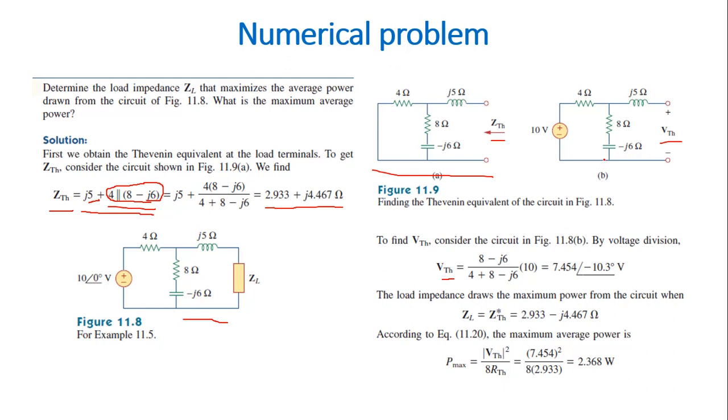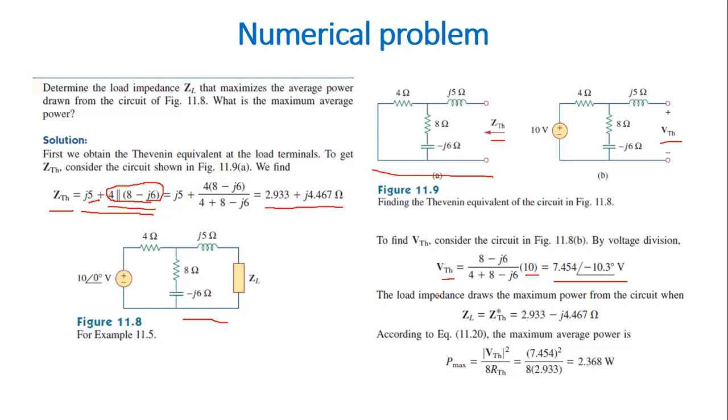So we can directly apply the voltage division rule: 8 minus j6 by the total impedance, that is 4 plus 8 minus j6, into the source voltage, which is 10 volts, will give you the value of V Thevenin.